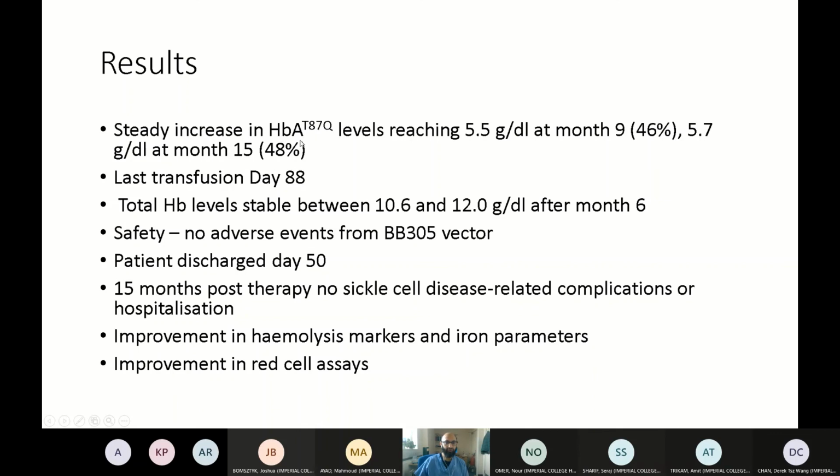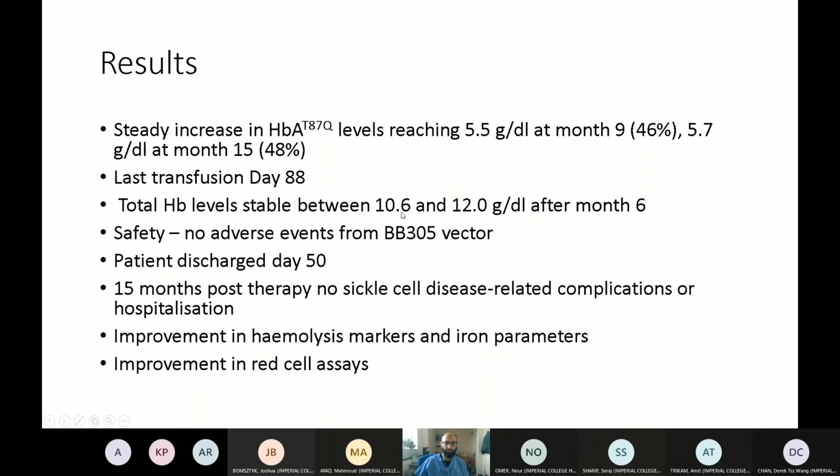So 48% of his hemoglobin was the hemoglobin A from the transfected cells. His last transfusion was on day 88 post infusion of the stem cells, and his total hemoglobin levels were stable between 10.6 and 12 grams per deciliter after month 6.